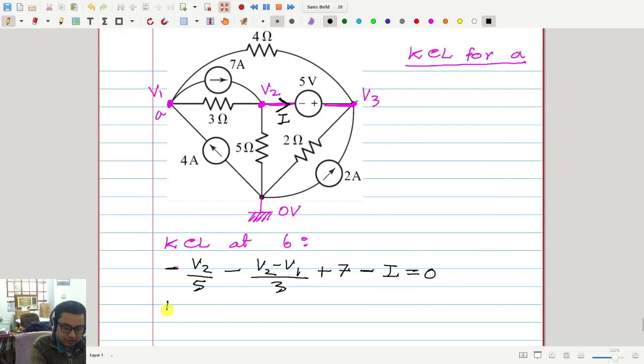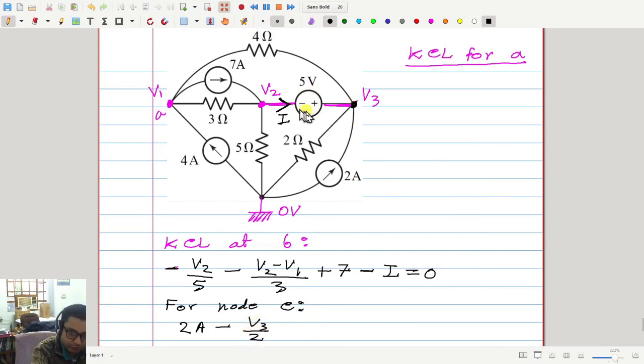Next, for node C, what will we get? Let us do it from this 2 ampere source. First 2 ampere coming in, then through this 2 ohm resistance we have V3 by 2 going out.